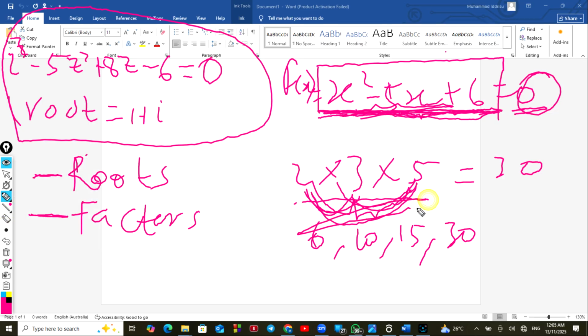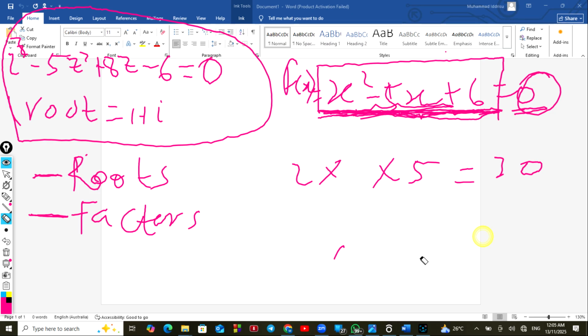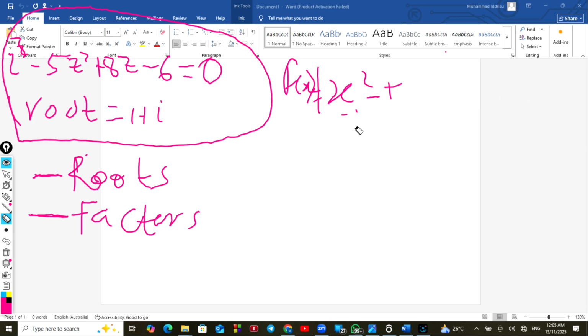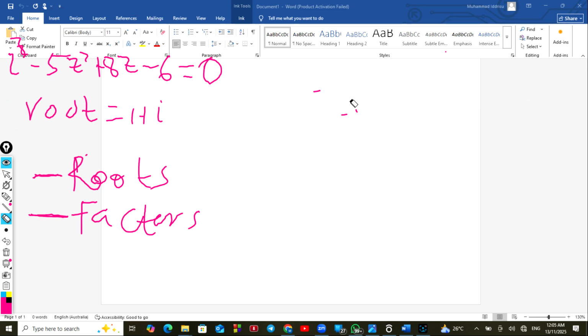So now, since we have at least a little bit of understanding, if not a strong or firm understanding, of factors and roots, let's now apply what little we know about factors and roots to solve this question. So here we've been given one of the roots.